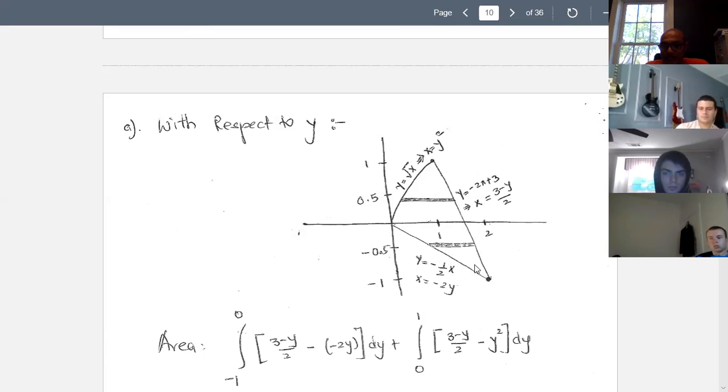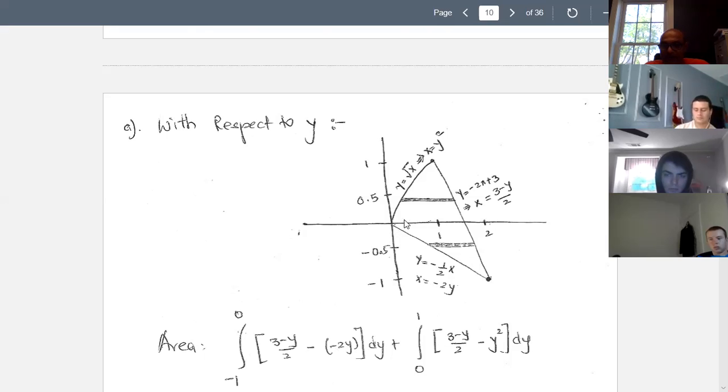Usually I go like this. So here y runs from negative 1 and goes to 0. Most right side, we are moving from right to left. So most right side is 3 minus y divided by 2 minus negative of 2y. Put the bracket like this so that you are not going to make a mistake.